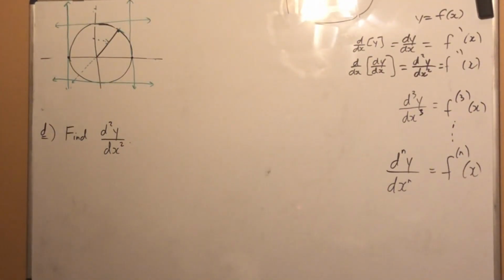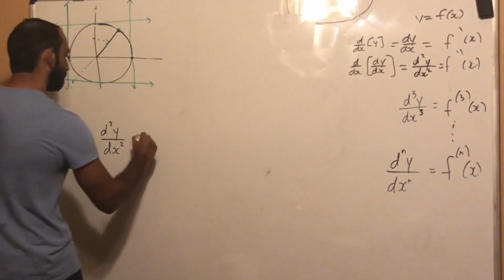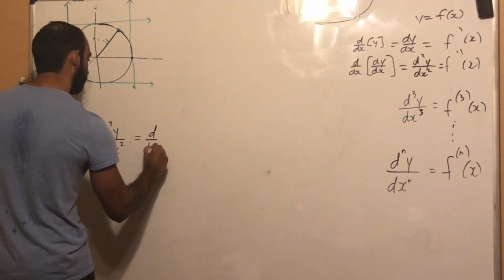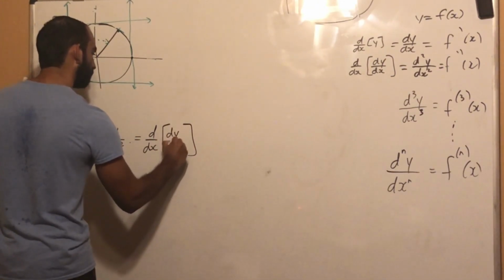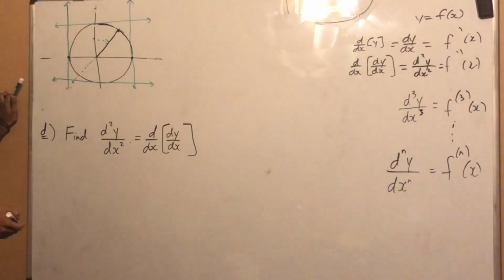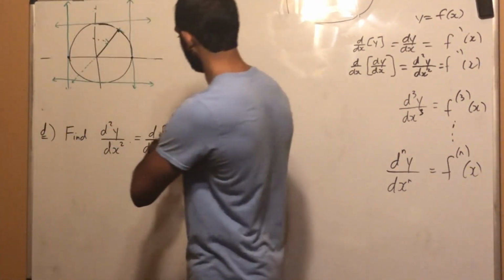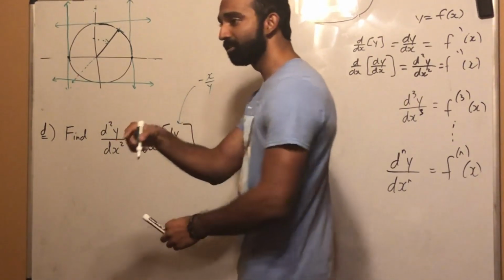So, if I want to find this guy, then again, just using what I got there, this by definition is d dx of dy over dx. But what was dy over dx? Negative x over y. Right. So I can just substitute now negative x over y and then do what rule?